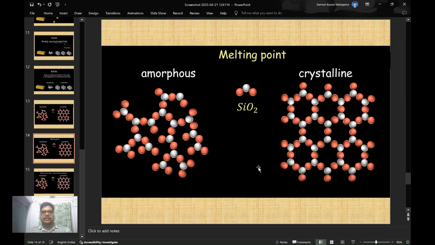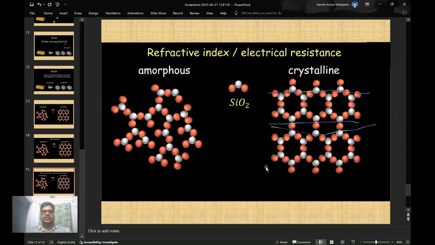Okay. Then the second topic is the refractive index. In the case of refractive index, amorphous solids are isotropic in nature. It means that light interacts with the same ratio of atoms regardless of the direction. This results in a constant refractive index because the interaction with the atoms is consistent across different parts within the material.